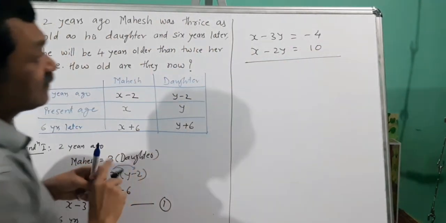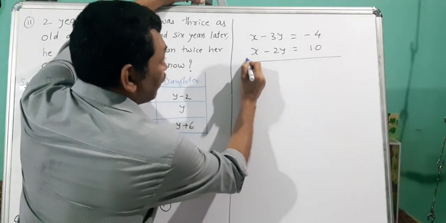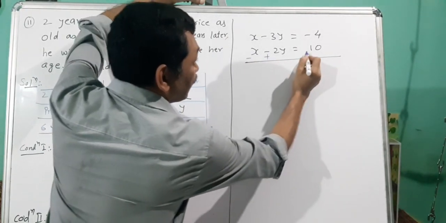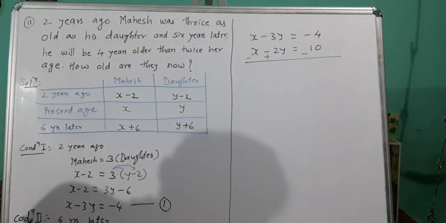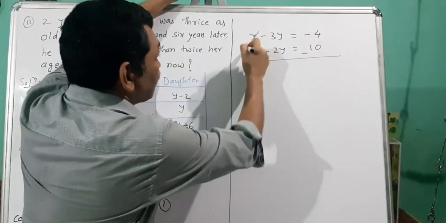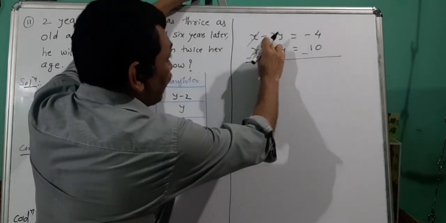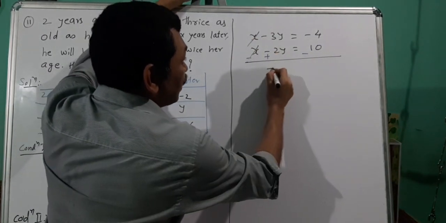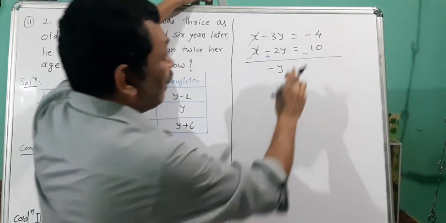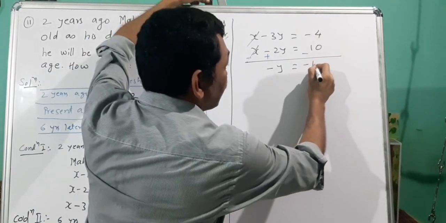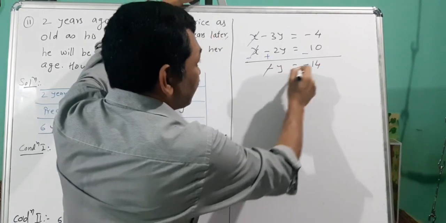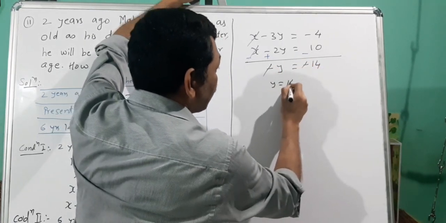To cancel this x, we have to subtract. Whenever we subtract, we change the signs of all the terms in the second equation. So x minus x cancels. Minus 3y plus 2y gives minus y. And minus 10 minus 4, both are minus, we get minus 14. Therefore y is equal to 14.